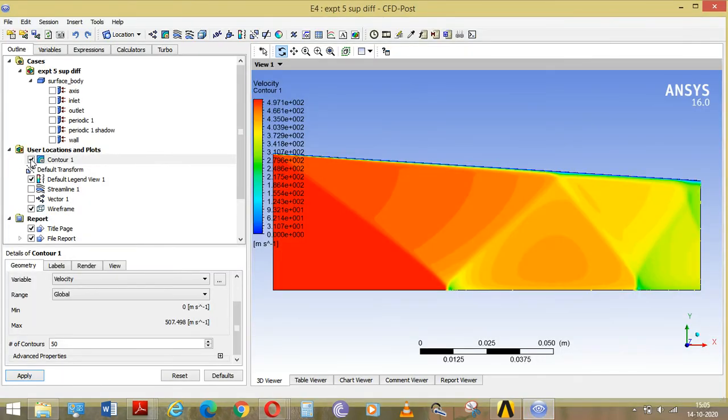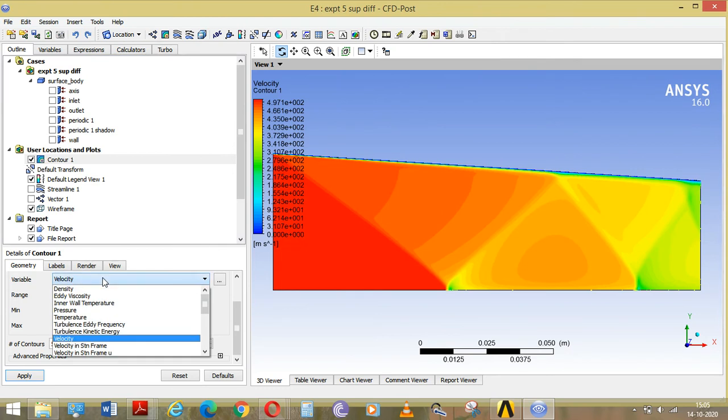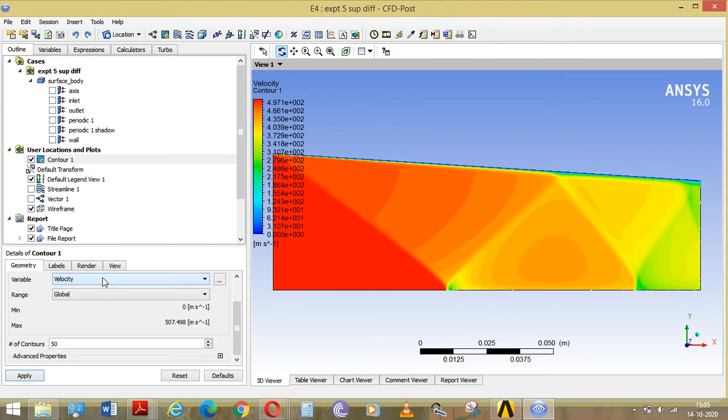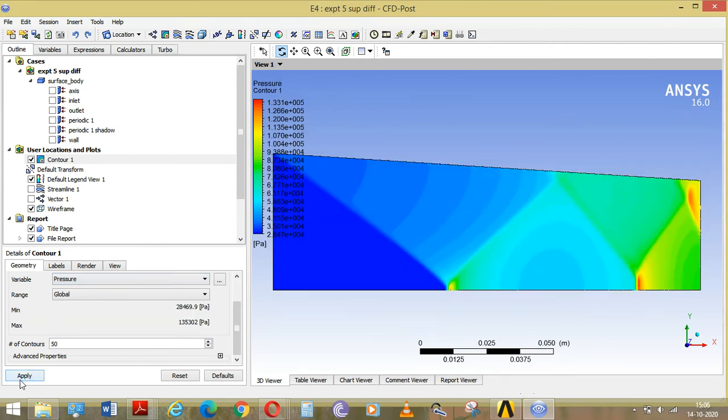Okay, now further, if you want to see this velocity, if you want to see pressure, you can select pressure and see. That's how the pressure is.